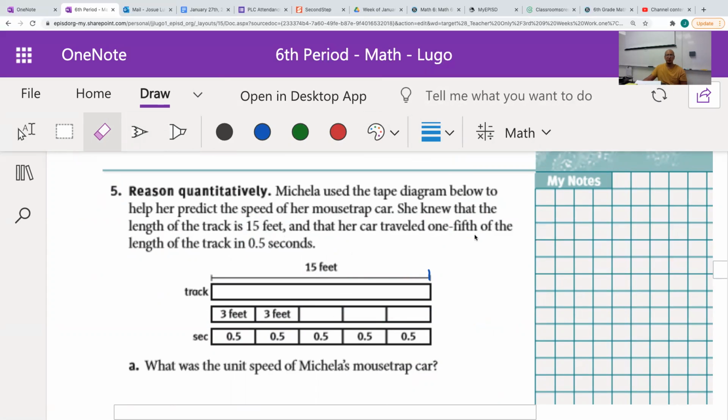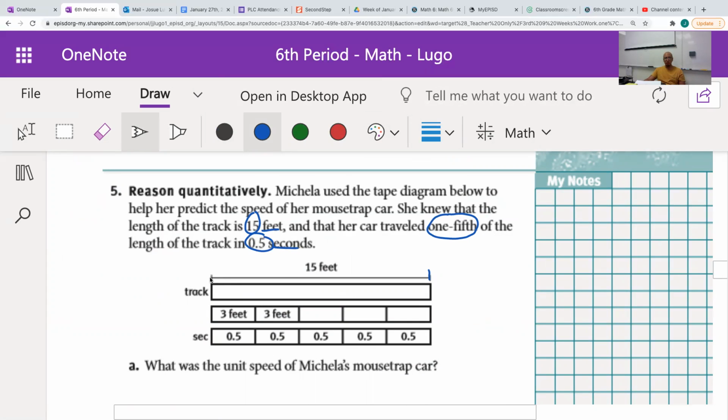In number 5, we see that there's a mousetrap car that is going to cover a track that is 15 feet, but her car will have traveled 1/5 of the track. So 1/5 of 15, in 0.5 seconds.